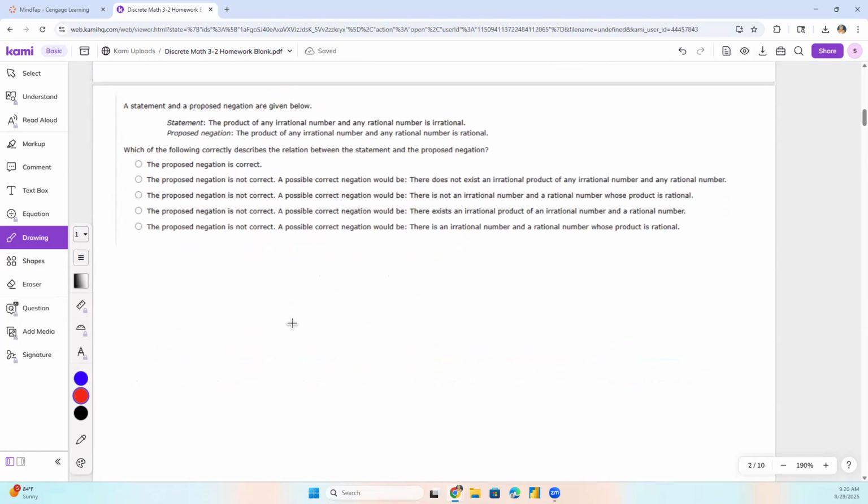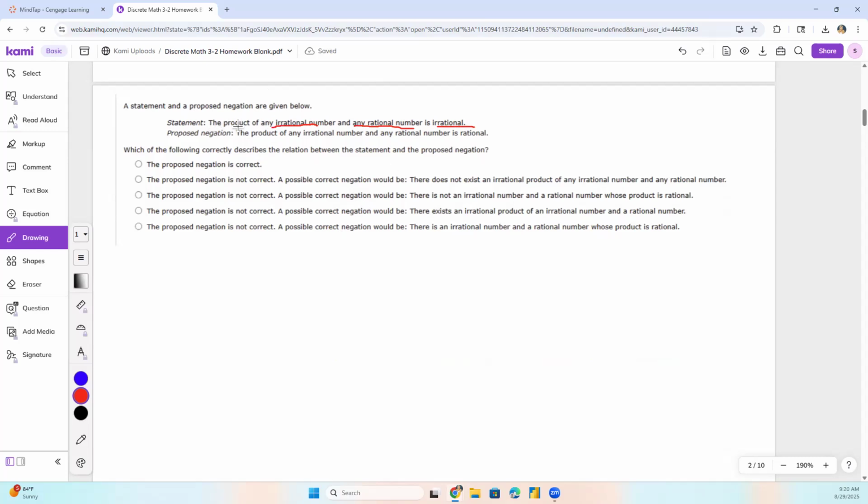The second question on the homework is: we have a statement and a proposed negation, and our job is to decide if the negation is correct, or if not correct, to pick the correct negation. The statement is "the product of any irrational number and rational number is irrational." So what we're saying is that when we multiply an irrational number by a rational number, the result will be an irrational number, right?